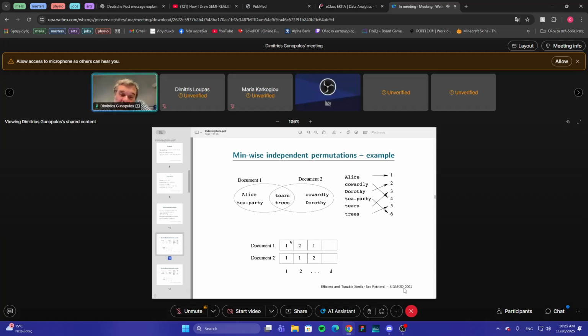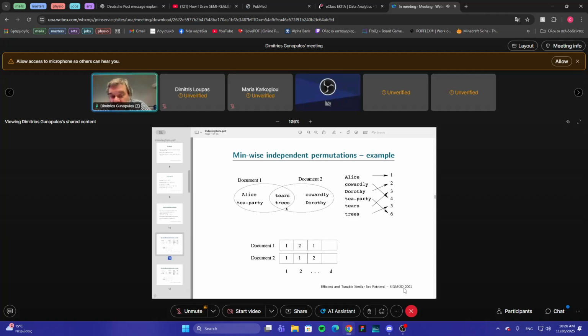And therefore, what is the probability that they will have the same number here? Because this is a random permutation, the probability that they will have the same number here is exactly the probability of getting one of these words out of this many. Because I pick words here at random to be first, what is the probability that one of them will be the first?